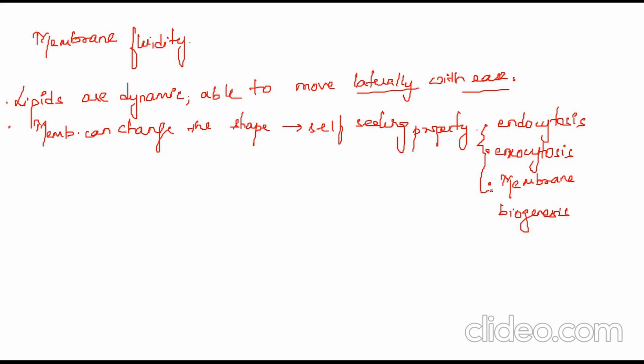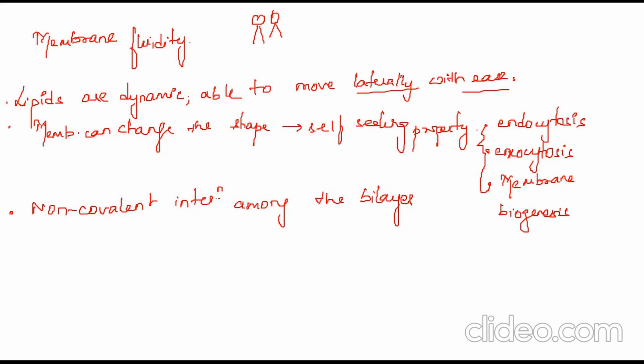Now, what property of the membrane helps them to move laterally? The bond interaction between the two molecules is non-covalent, because there is non-covalent interaction among the lipid bilayer. If it had been covalent interaction, then there would not have been any lateral movement. So are you understanding guys?